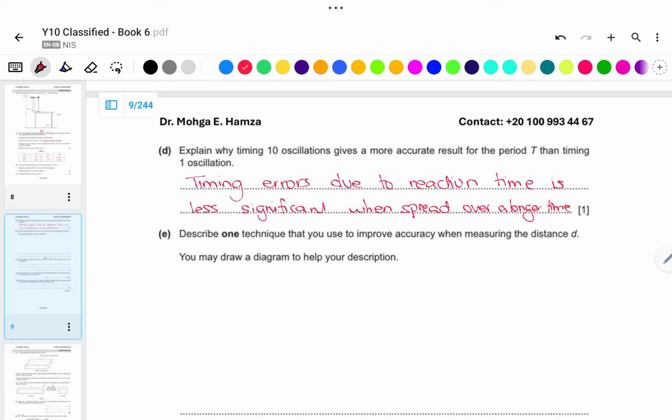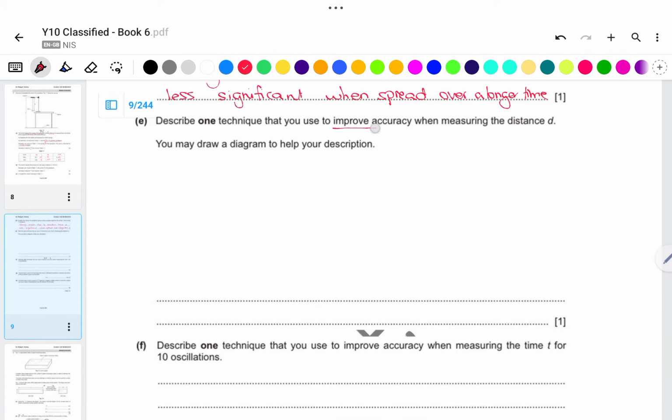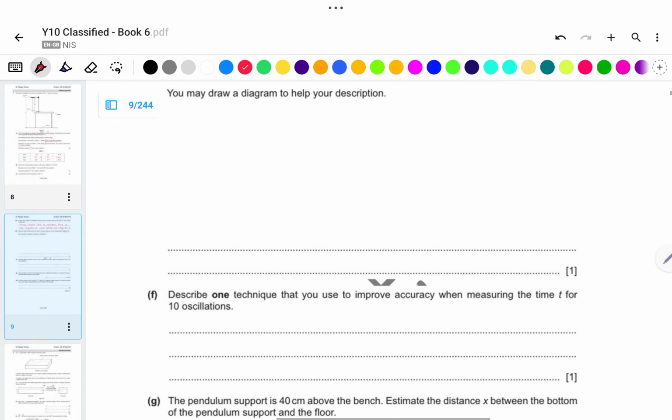Okay, perfect. Now describe one technique that you use to improve accuracy when measuring distance d. If you've watched the previous video, you would know how to do that. We already agreed that we can use a set square, which is like a triangular ruler.